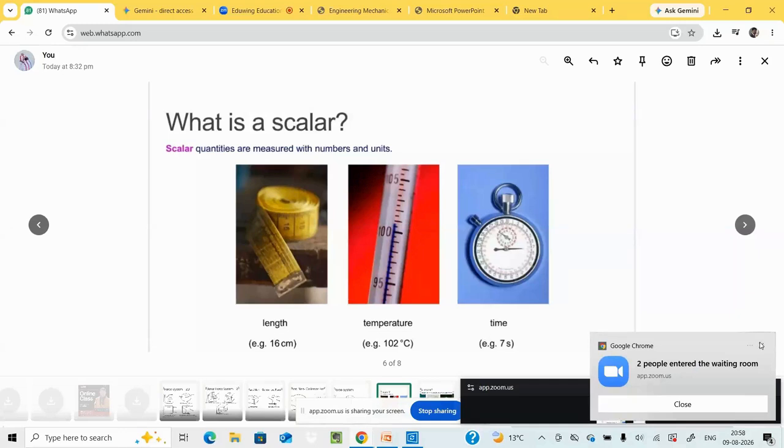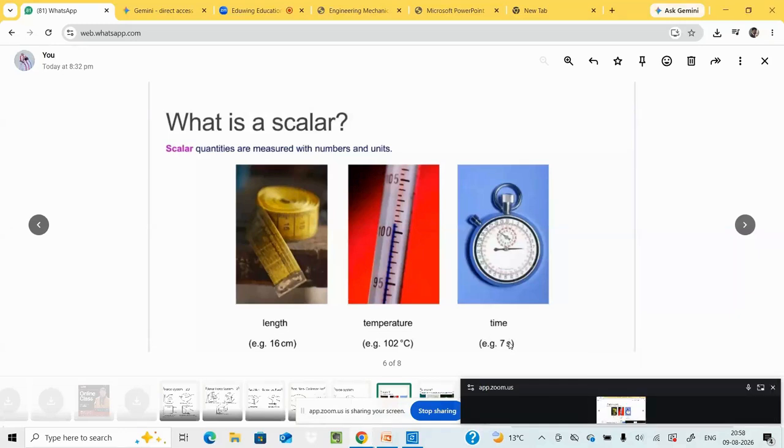Scalar quantities are measured with numbers and units. Anywhere in engineering mechanics, if you are studying numbers, we call it a scalar quantity. Clear with this one now?